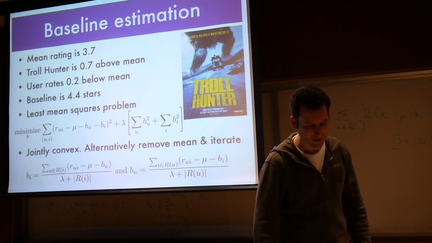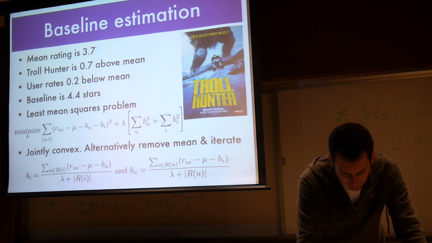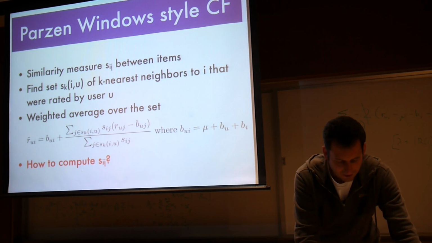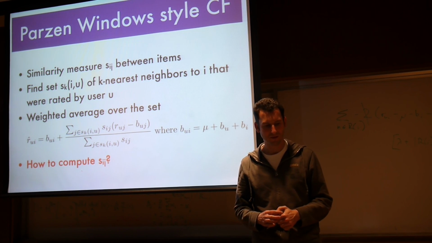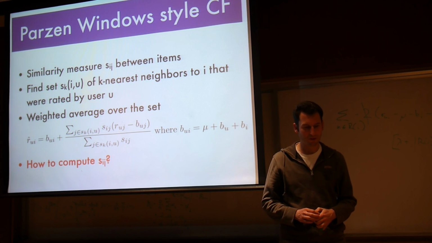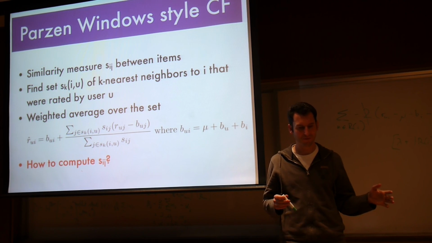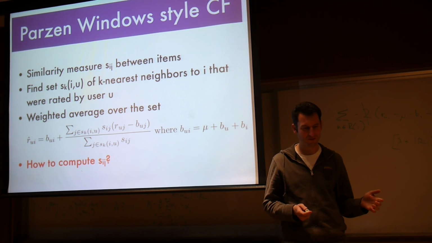Basically nothing. So here's how we could do it in Parzen Windows style collaborative filtering. So we go and compute those residuals, the r_ui.